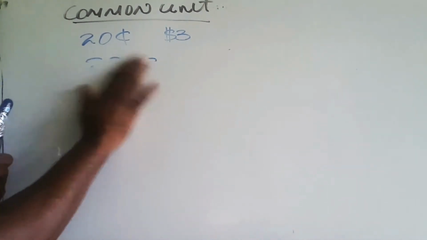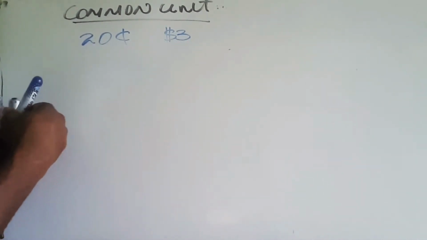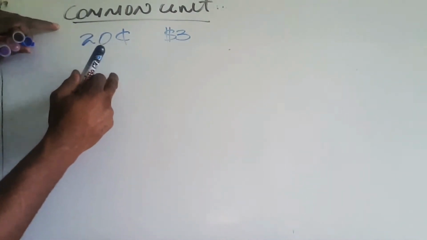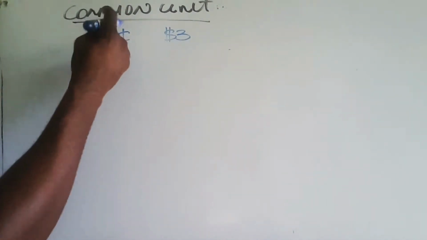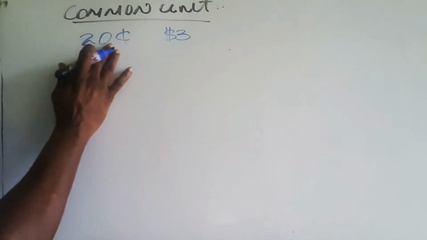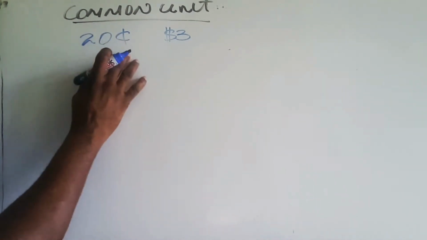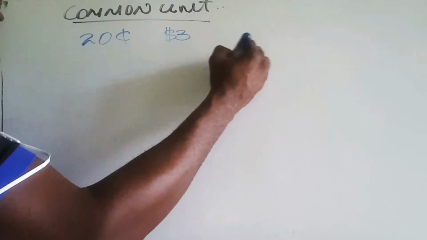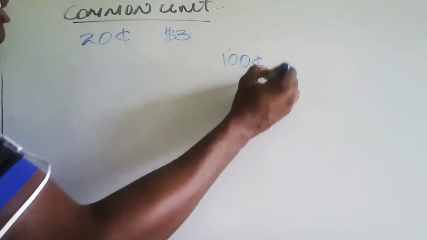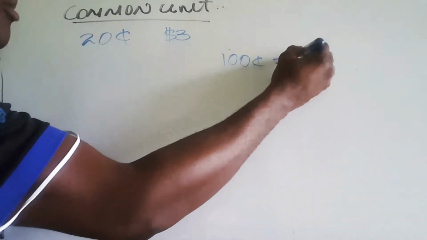So what we have to do is convert everything to a common unit first, and mainly we prefer to write them in the smaller units. For example, we know that 100 cents is equal to $1.